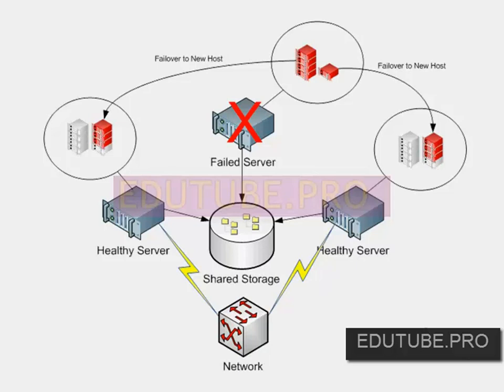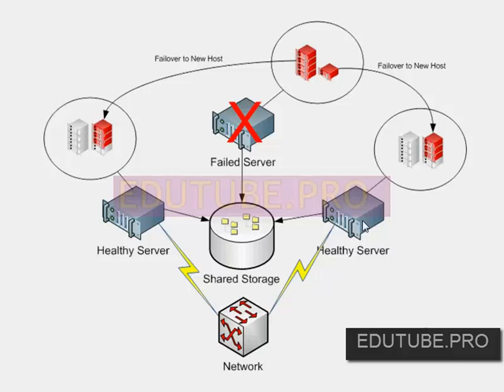Maybe instead of this server failing, this server actually got isolated from the rest of the servers. Its management network is disconnected. Its virtual machines are still running, but its management connection is disconnected. So vCenter can't talk to the ESX machine, but the VMs are still running. It's just lost its management connection somewhere. That's what an isolation response is.